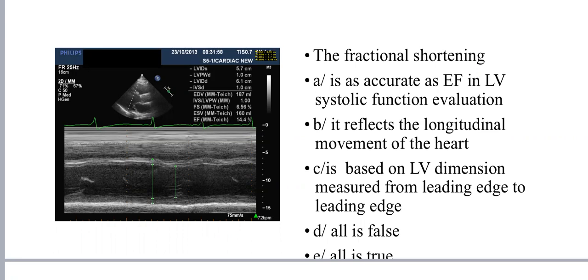So B is wrong. Fractional shortening depends on the radial movement, and it is definitely not as accurate as ejection fraction, because it depends on one-dimension analysis. Assuming that this one-dimension analysis reflects the entire LV systolic function is an assumption fraught with challenges. Why?